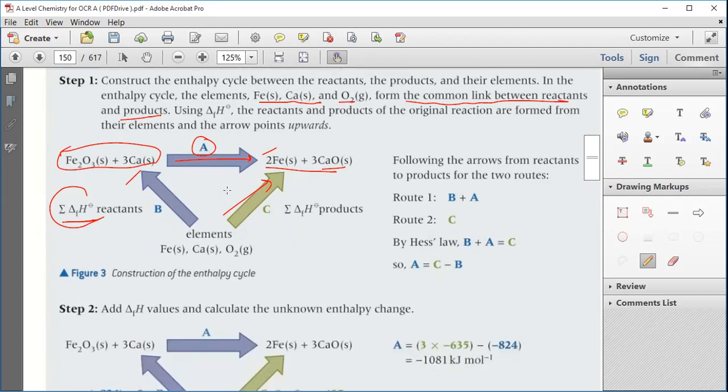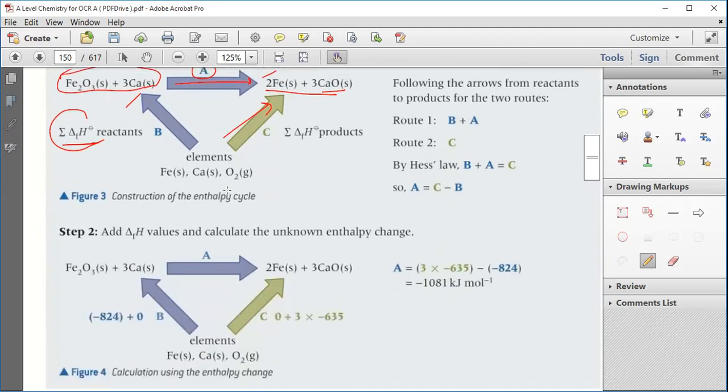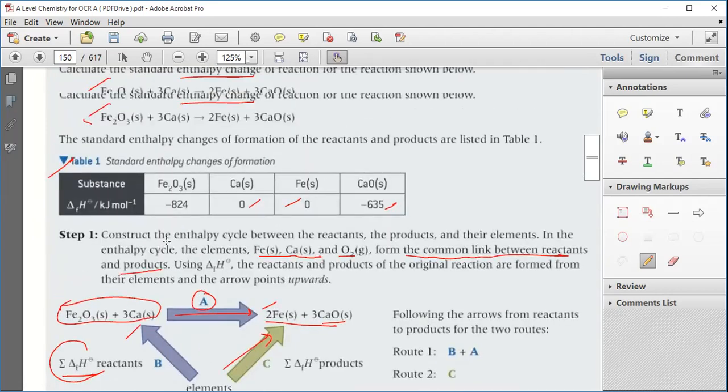B to A is equal to C. Now B to A, there is a change in iron to Fe2O3. It is product minus reactant. Product minus Fe2O3, you will see the energy is minus 824.